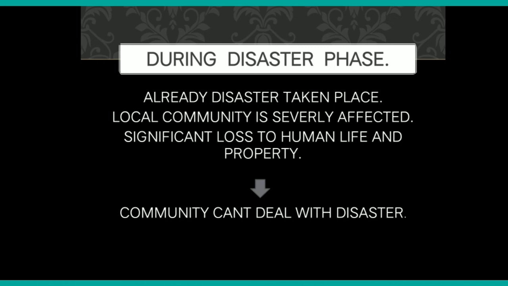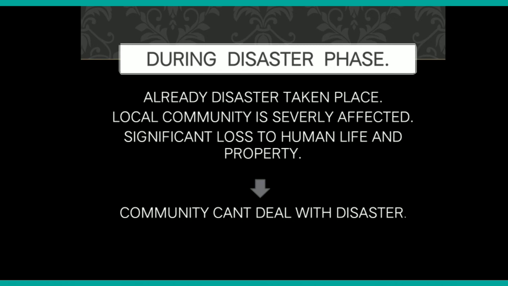Now we are going to discuss the during-disaster phase. In this phase, the disaster has already taken place. The local community is severely affected. There has been significant loss of life, loss of property, and loss of infrastructure, and the resources of the local community have been overwhelmed.